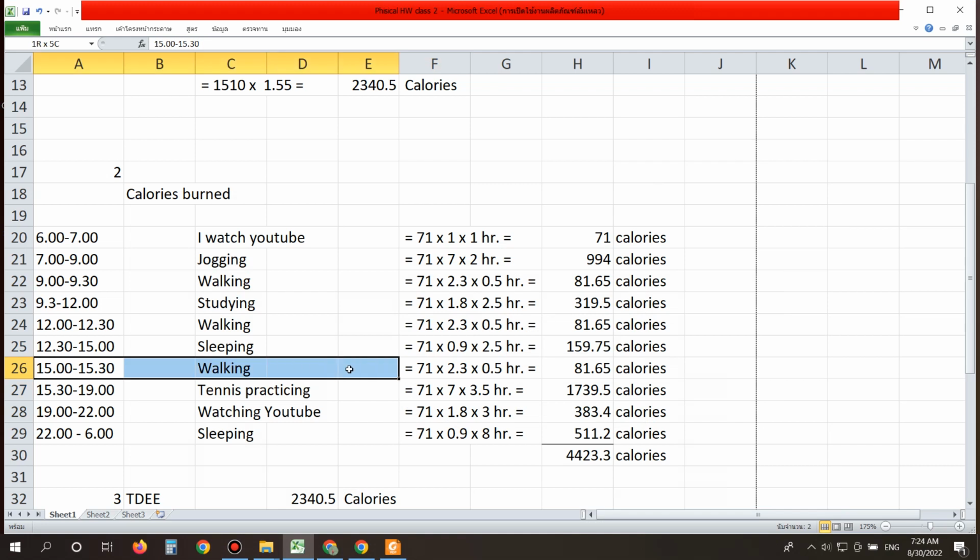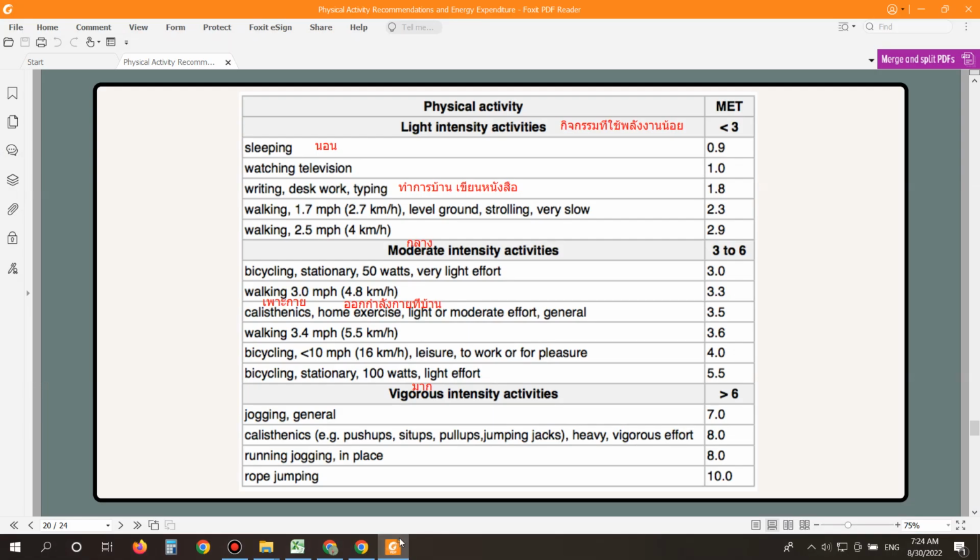And then I walk again, and then I play tennis for 3.5 hours. Playing tennis, in my opinion, is the same as jogging for me.